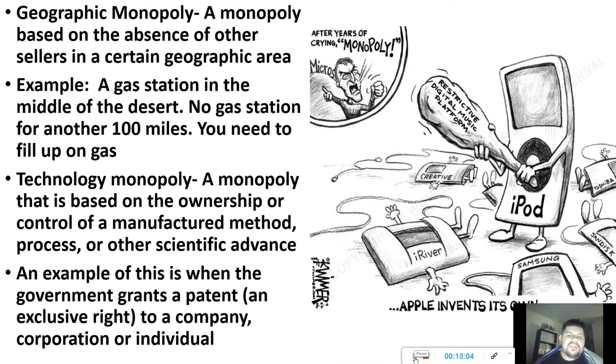All right, so a geographic monopoly is a monopoly based on the absence of other sellers in certain geographical areas. A great example is if you ever go through the Mojave area, the desert, someplace that doesn't have many towns, you'll see signs that gas stations put up saying no gas station for 100 miles.